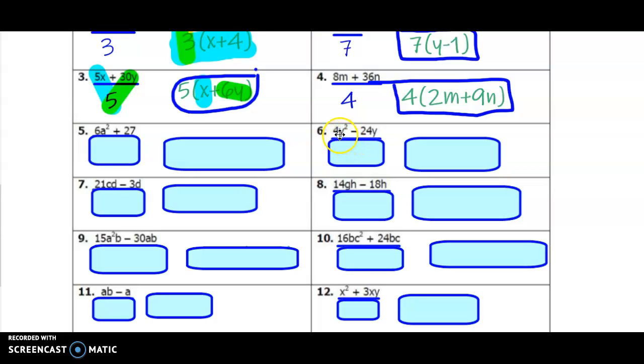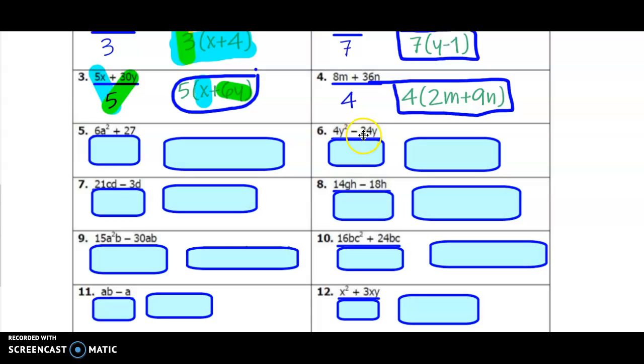But notice I have a y squared and a y. I have y's in both terms, so therefore y is also a common factor. When you have variables, the greatest common factor will always be the smaller exponent. So if you think of it, this factor has 2 y's, but this factor only has 1 y. So I can only take 1 y from each factor because that's the most that this one has to give.